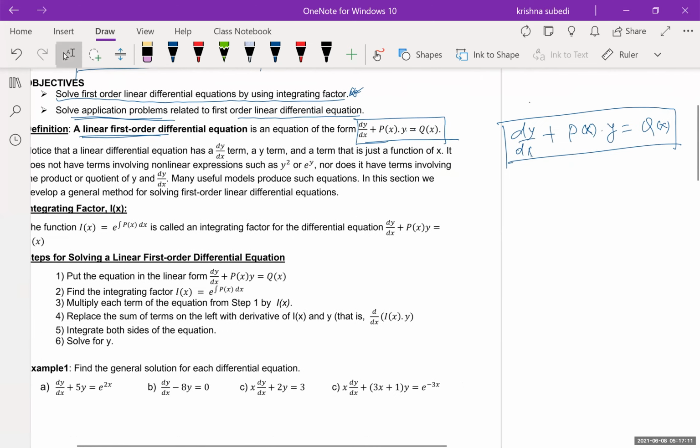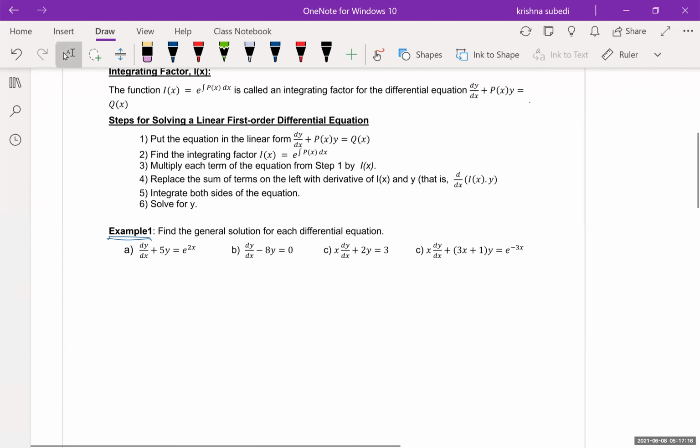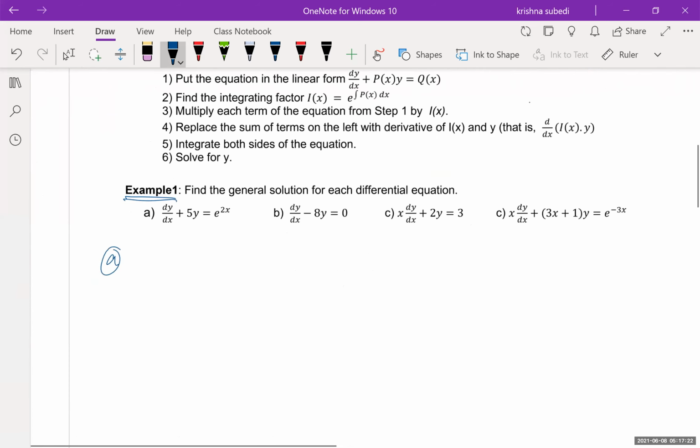Let's look at example 1, part A. dy over dx plus 5y equals e to the 2x. Notice that it's not easy to separate y dy and x dx onto different sides of the equation.